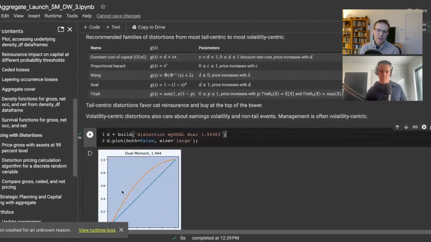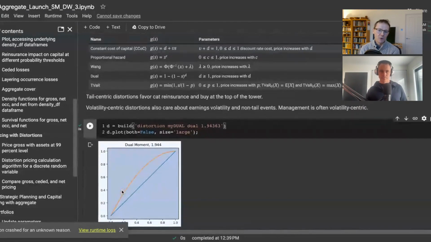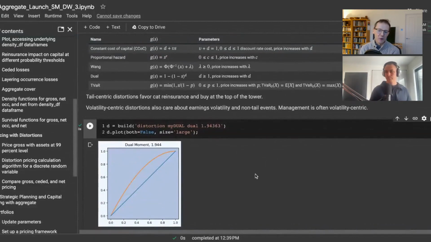And the interpretation here is that if you look at, say, the value of, you always call them G. I don't know, for whatever reason, distortion functions are always called G. G of 0.2 would be the price that you would quote on a binary risk with a 0.2 chance of having a loss of 1 and a 0.8 chance of a loss of 0. So it's like a Bernoulli 0-1 risk. And you can see in this case, I can't eyeball that, it's about 0.35, right? So it's giving you the markup that you would have on that risk.